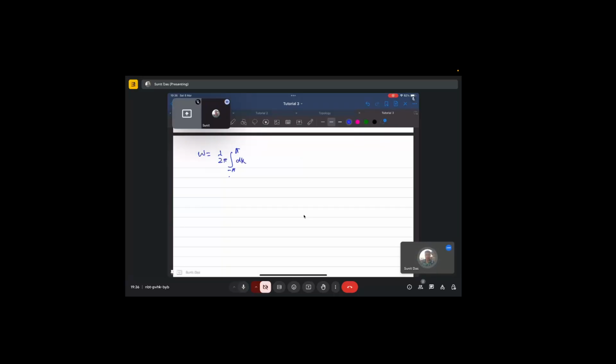So dk, and it will simply be n of k cross del of k, where theta is replaced by k, n of k dot z cap. k cap means z cap, let's say, but k is already momentum, so I'll write z cap, and that's it.